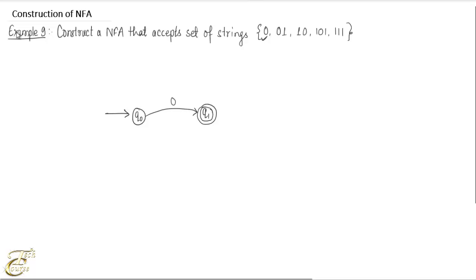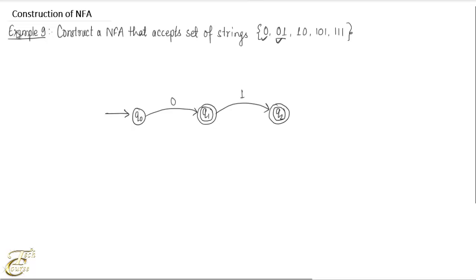Now we will represent the string 01. We start with the starting state Q0. Reading the first 0 leads to the state Q1, and reading the next symbol 1, we switch to the next state Q2 and make this Q2 an accepting state. So this is also accepted by our NFA.